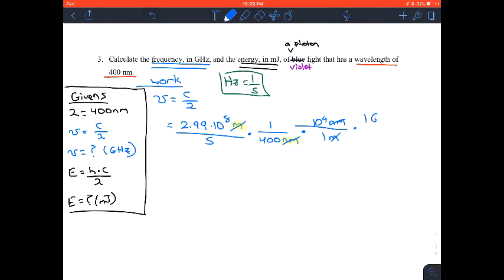So 1 gigahertz equals 10 to the 9th hertz. As we know from previous examples, whenever we have seconds and hertz multiplied together in the same numerator or denominator to cancel out, we're left with gigahertz. That's exactly what we're looking for.